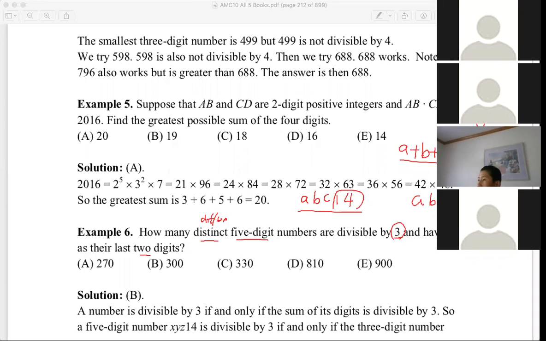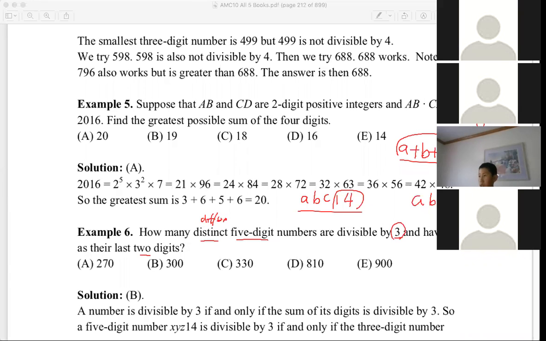One is divisible by 3, that means the remainder is 0. Another choice is remainder 1, another is remainder 2, right? So of these 3 kinds of numbers, totally we have 900, right?